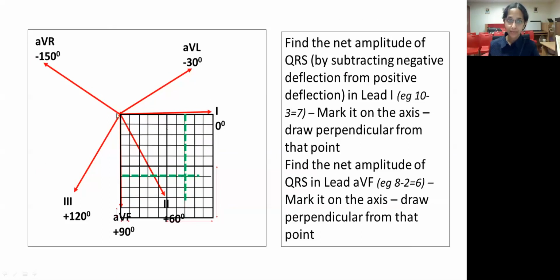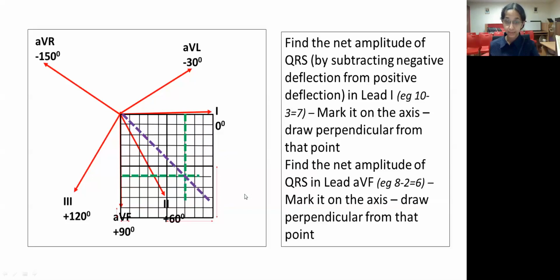And in AVF, I have the QRS where R is 8 and S is 2. So my net deflection is 6. So I plot it at 6 here. See the small squares. And then I draw the line from the points 7 and 6, which meet here. So this is the junction and I draw an imaginary line here. So this is going to be my axis, the QRS axis.